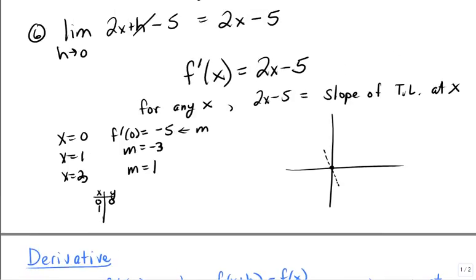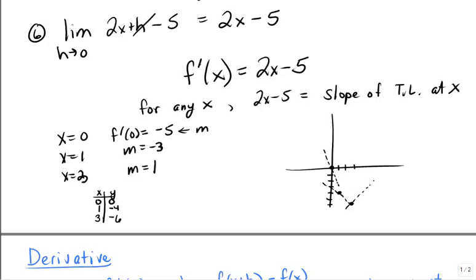So if I put a 1 in there, it's 1 minus 5, which is negative 4. So at 1, negative 4, at that point, the slope is negative 3, so it's a little bit less. And at 3, the original function is negative 6. So that's about right there, negative 6. The slope is 1, so it's positive here.